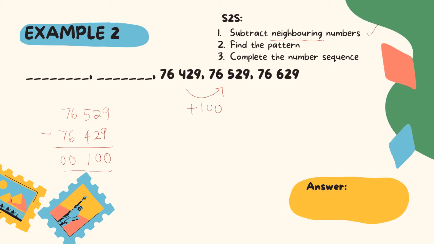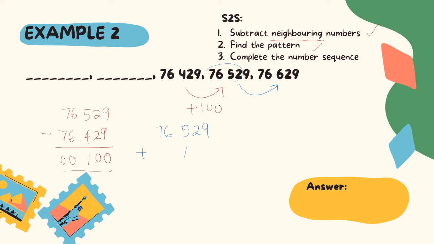So step 1 is done, step 2 is done, but we need to check if the pattern is consistent. We want to see what happens if you go from the fourth number to the fifth number. Are we going to plus 100? So let's check. Let's take this fourth number, 76,529.